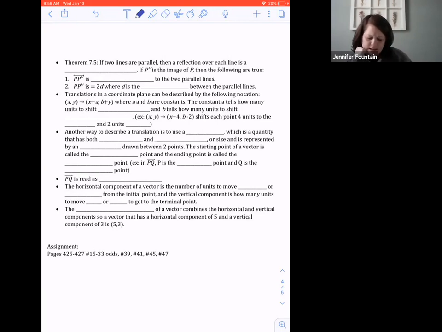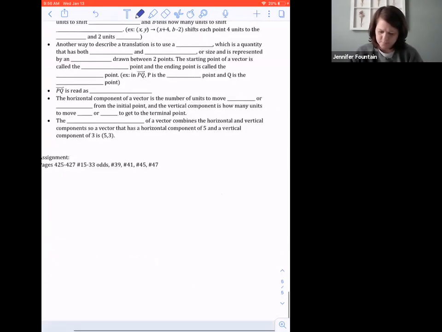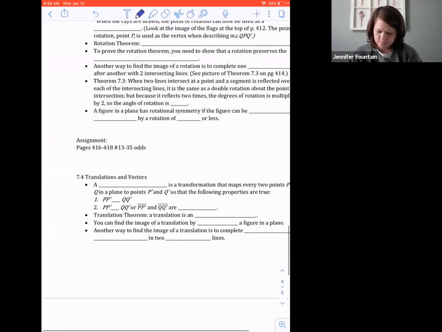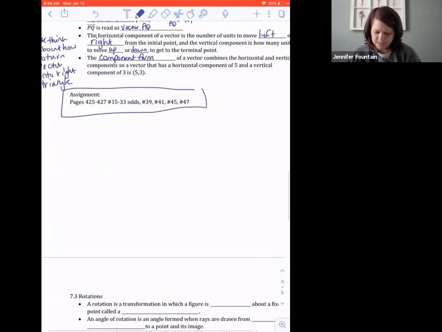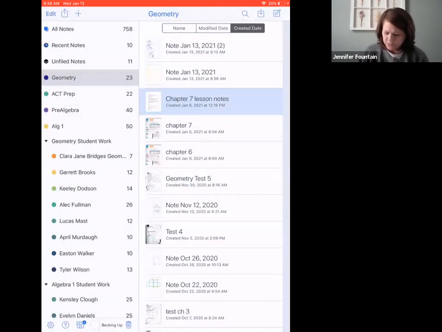All right, something has happened because this says theorem. Hold up. For some reason that's a repeat. I don't know what I've done with these notes. Hang on just a minute.